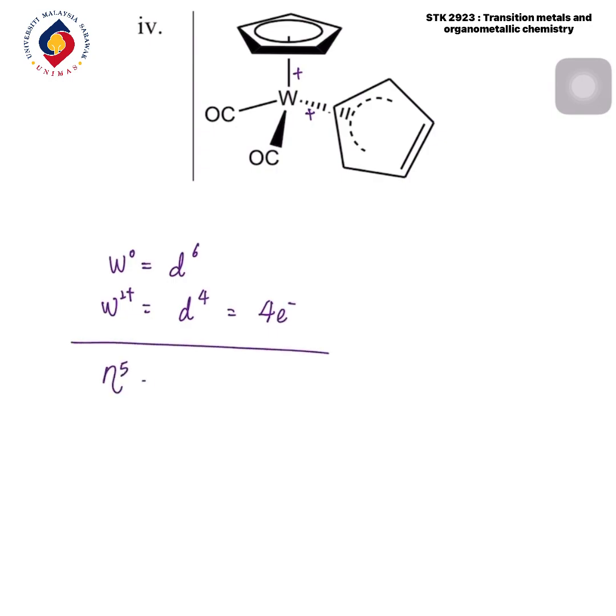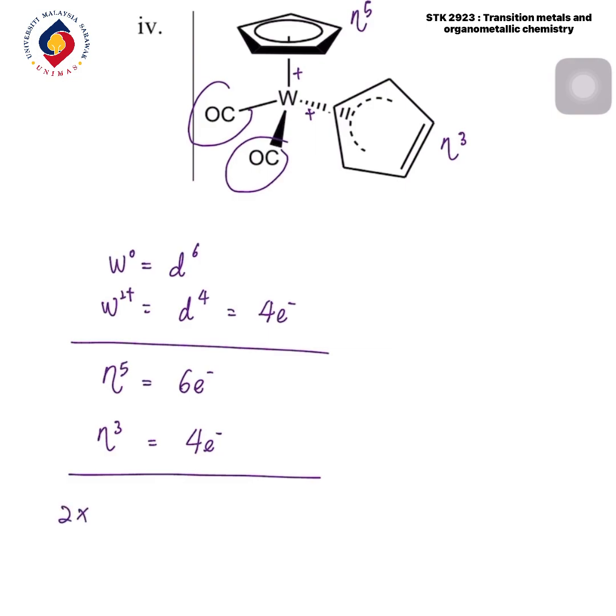After that, in this diagram we have eta 5, which has a negative charge, equal to 6 electrons, and then we have eta 3. The eta 3 is equal to 4 electrons, and then each of these carbon monoxide ligands has 2 electrons. So in this diagram we have 2 carbon monoxide, so we have 4 electrons.